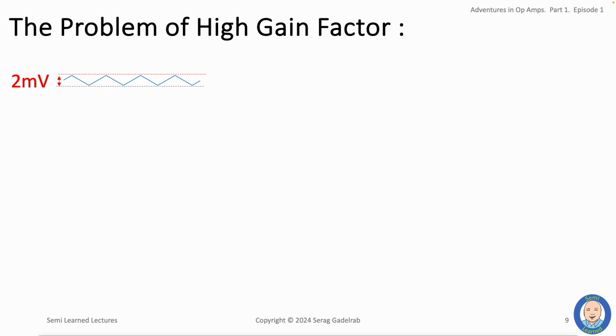Let's park the question of why the op-amp gain is so high for now, and instead let's first focus on what would happen if our 2 millivolt signal was to encounter a 100,000 gain factor in an op-amp.